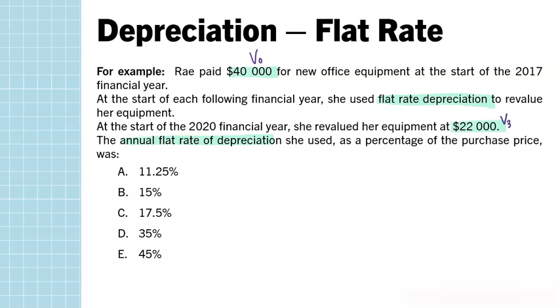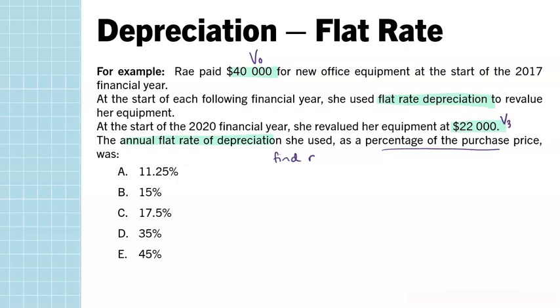And we're being asked to find the rate of depreciation as a percentage of the purchase price. So we're being asked to find that little r value, that percentage. Another hint is that all of our answers obviously have percentage signs, but just make sure you're finding the rate, not the actual dollar value.